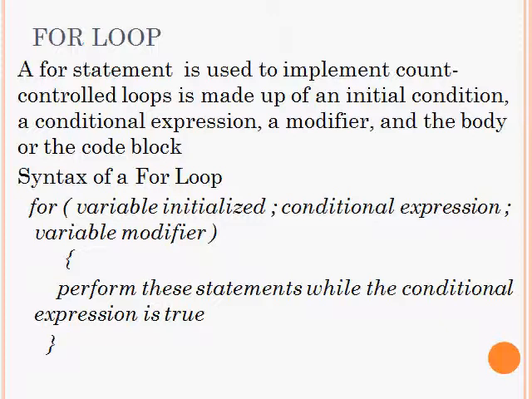Then we have a conditional expression separated as well by a semicolon, and then a variable modifier. Then after that we have a block of code where we are supposed to perform certain specific statements whilst the conditional expression is true.